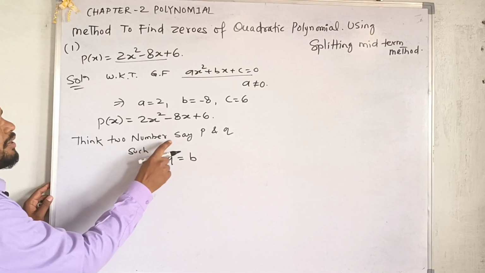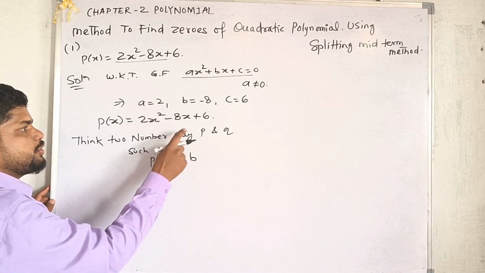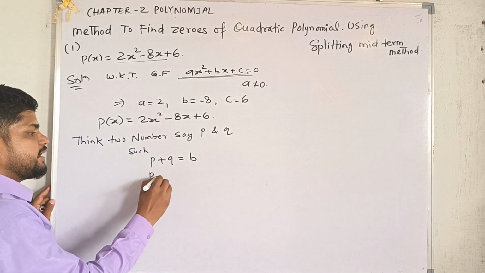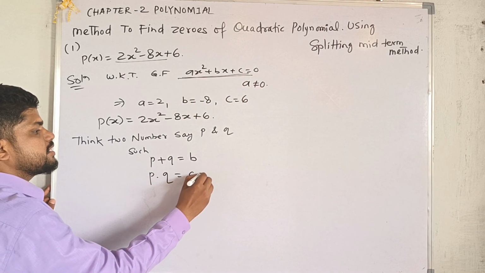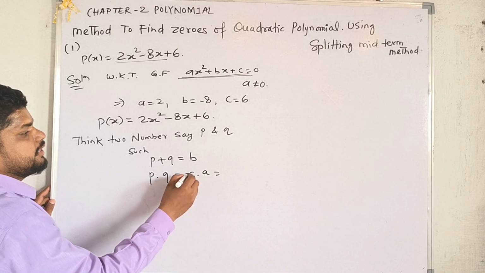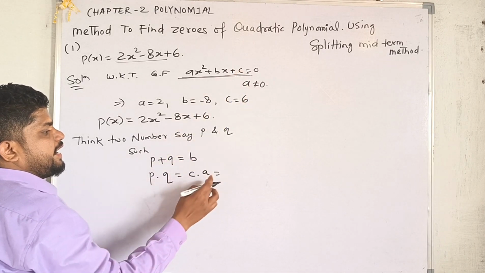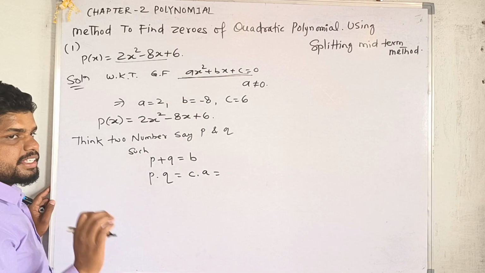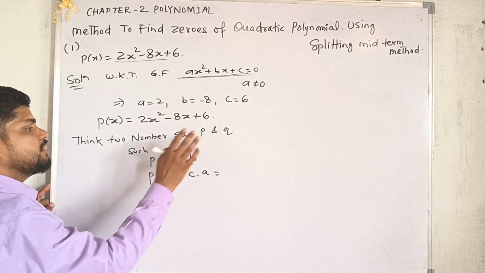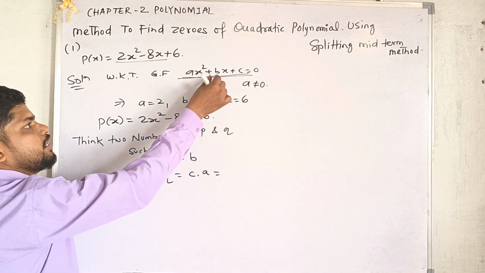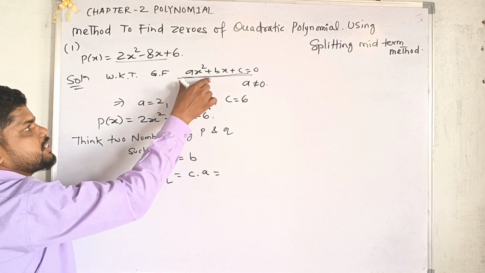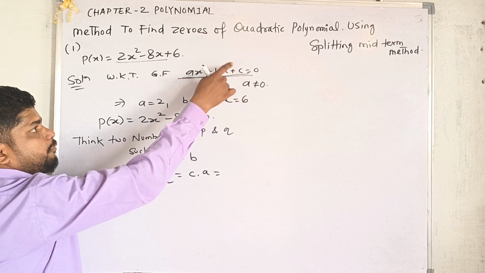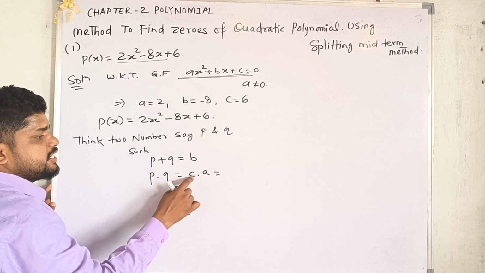We think about two numbers p and q such that their sum is equal to b as per the standard form, and their product should be equal to c into a, that is the constant multiplied with the coefficient of x square. So basically their sum should be equal to b, the middle term, and their product should be equal to c times a.